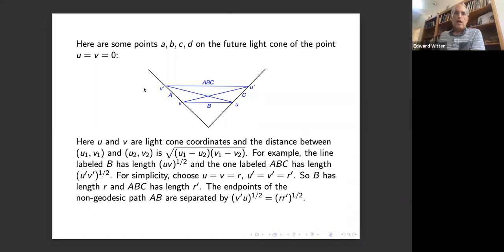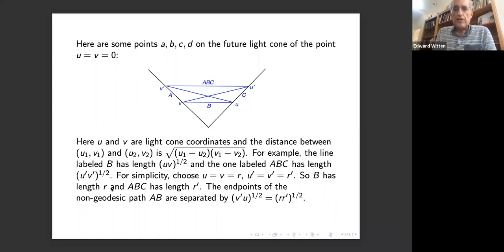And in light cone coordinates, the distance between 2 points is the square root of the separation in U times the separation in V. So for example, the line labeled B has length square root of UV. This point has V equals 0, this has U equals 0. So the formula just reduces to the square root of UV. And the one labeled ABC has length the square root of U prime V prime.